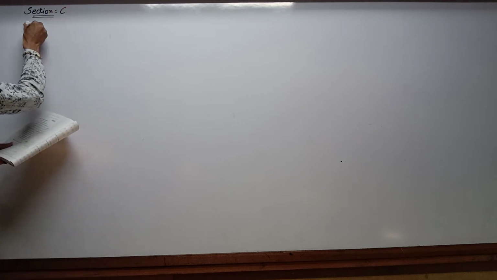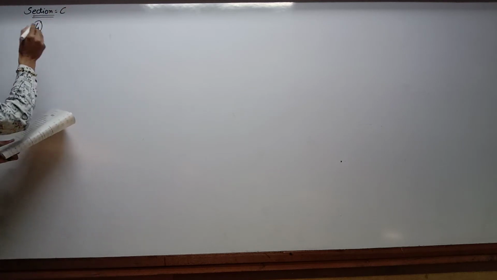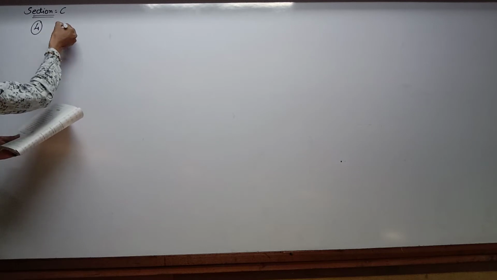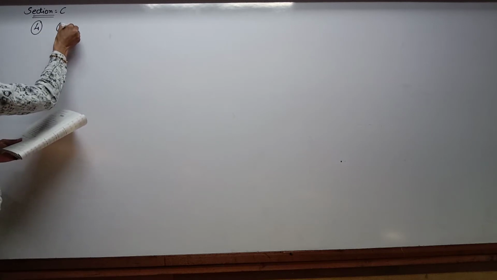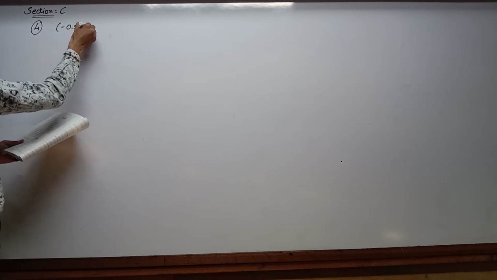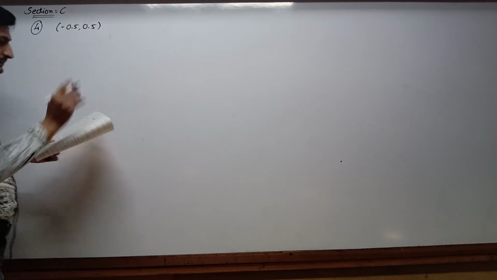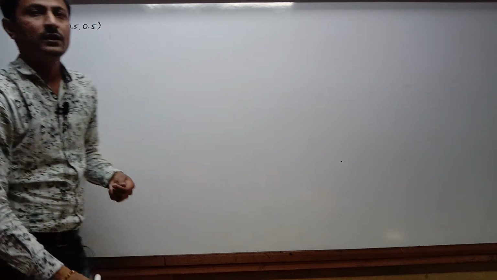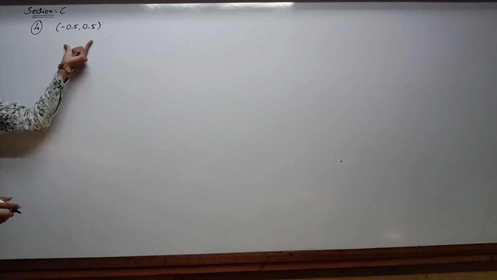Section C question number 4: the form given is minus 0.5 to 0.5. First of all, comparison with the interval form.